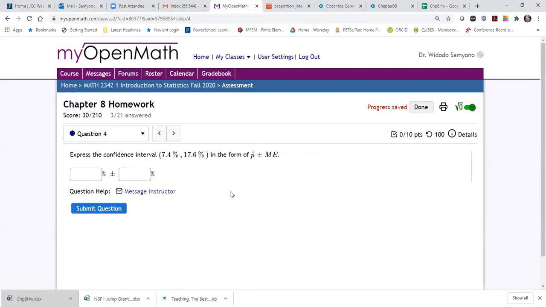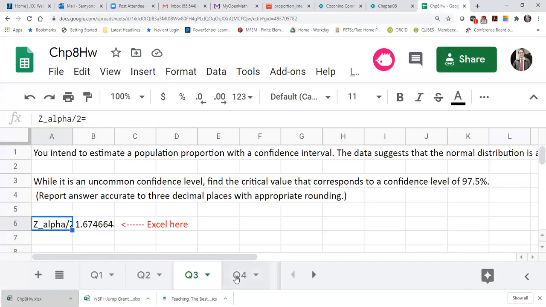Okay, so you need to practice in this form. That means the first number here will be the p hat, and this one will be the margin of error. You can see here number 4, right?